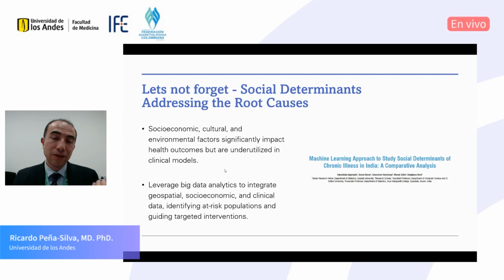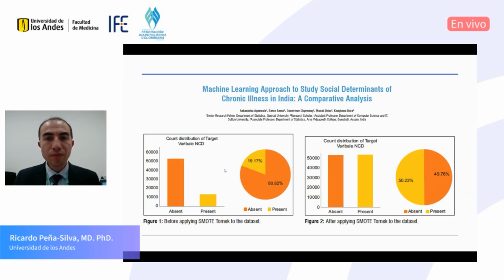So we can use artificial intelligence to do big data analytics, collecting these different kinds of variables and information coming from different sources to provide better recommendations for the patient. And this is an example of another study in India in which they used machine learning to study social determinants of health related to chronic illnesses. And the authors found that when they took a model with a particular data set, the information was not balanced.